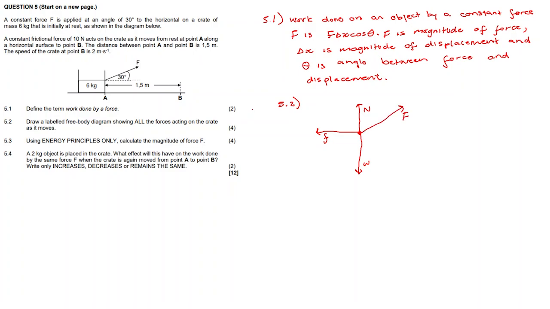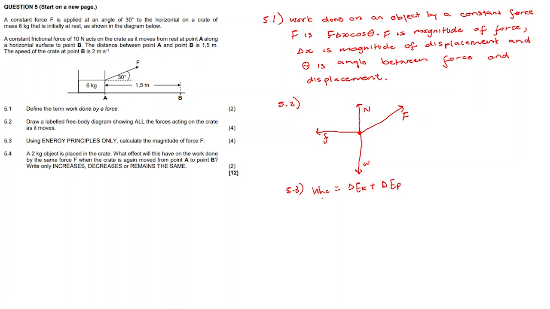Question 5.3. Using energy principles only, calculate the magnitude of force F. So, force F we can determine by calculating the work done on the system by the non-conservative force, as this would be W_NC, which is equal to the change in kinetic energy plus the change in potential energy.